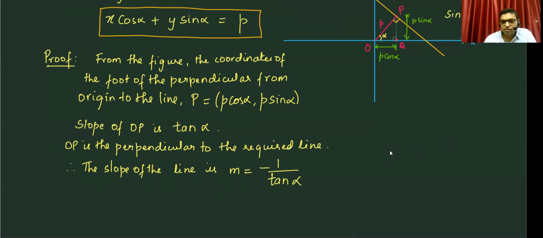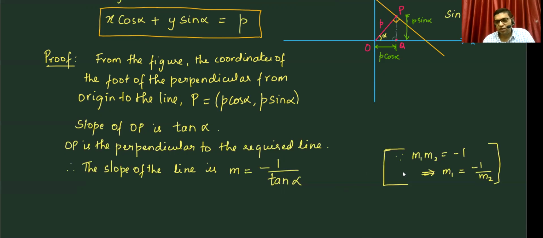Why? Since the product of slopes of perpendicular lines is minus 1, one slope will be minus the reciprocal of the other. Since m1 m2 equals minus 1, m1 will be minus 1 by m2.